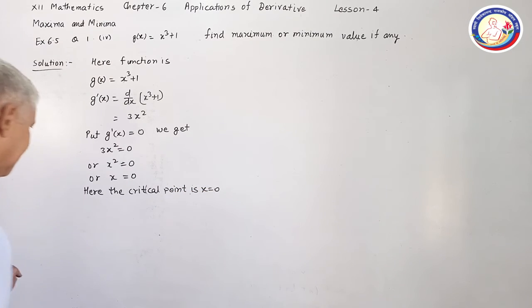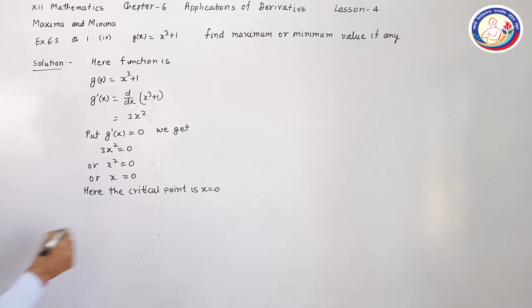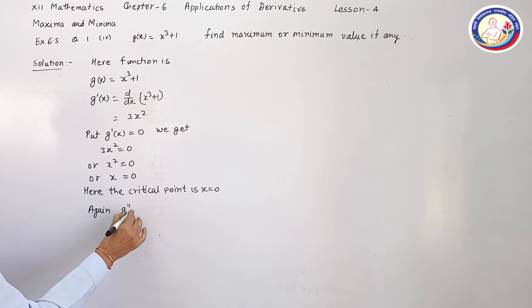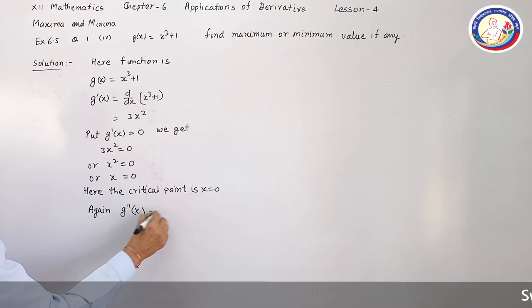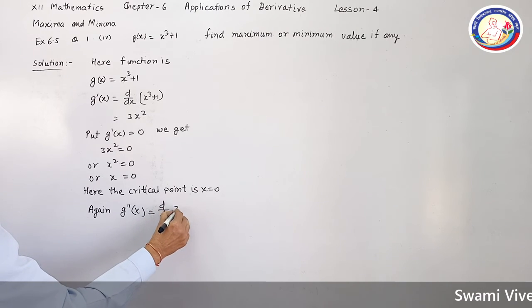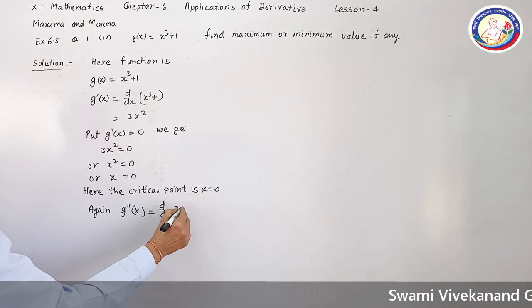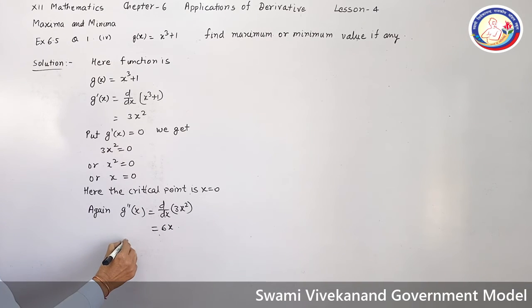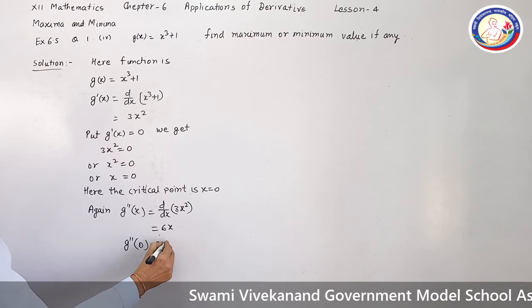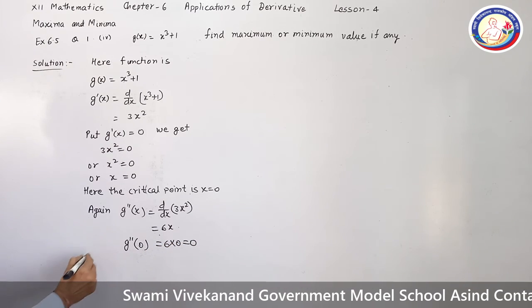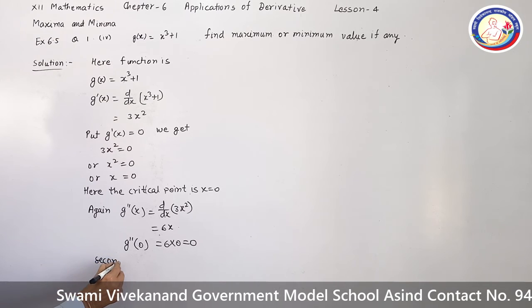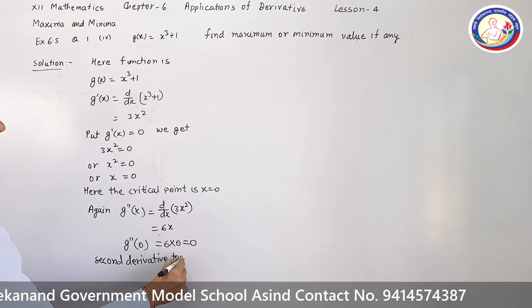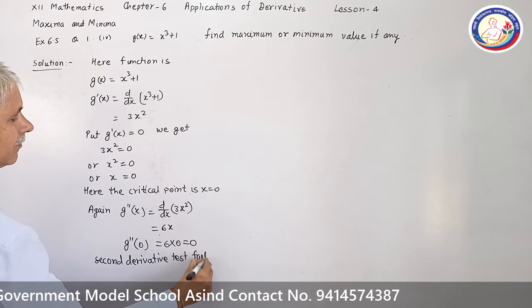Find second derivative. Derivative of this 3x square is 6x, and second derivative at 0, that is 0. Second derivative test fails.